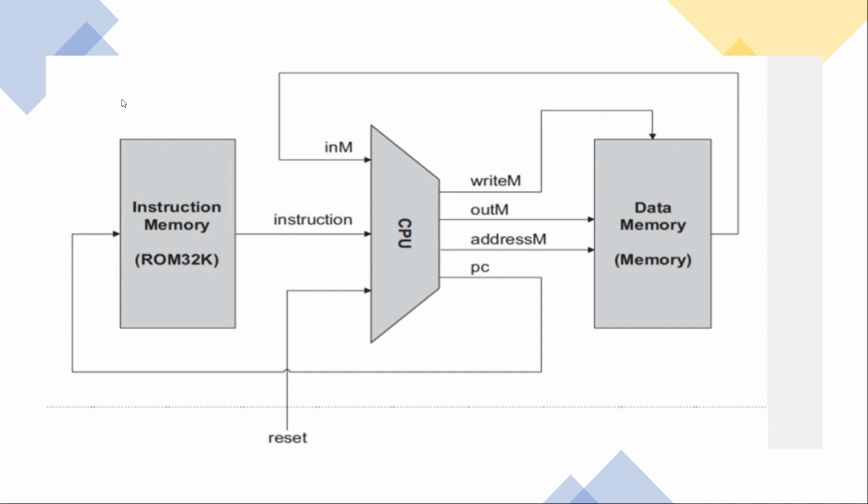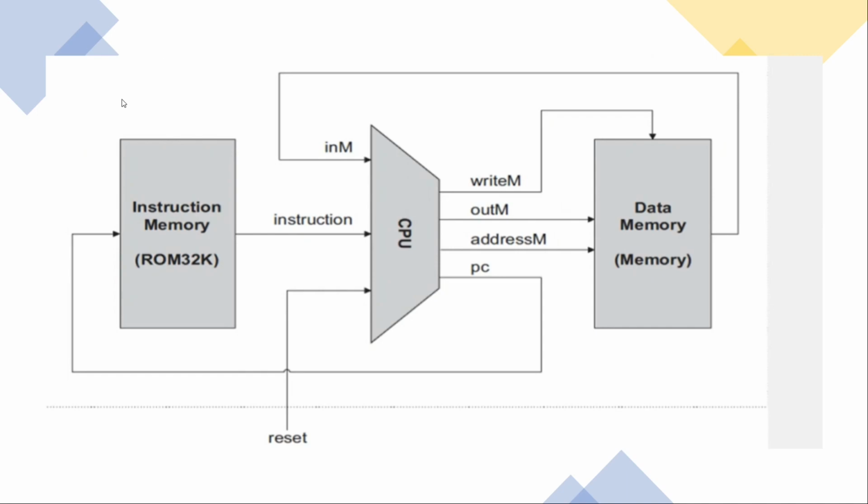The address of write operation in data memory is the place where we will put the content. Now, the output which will allow our CPU to write the content to the data memory is write M. PC will hold the address of the next instruction, which will be used by our CPU in the next cycle.